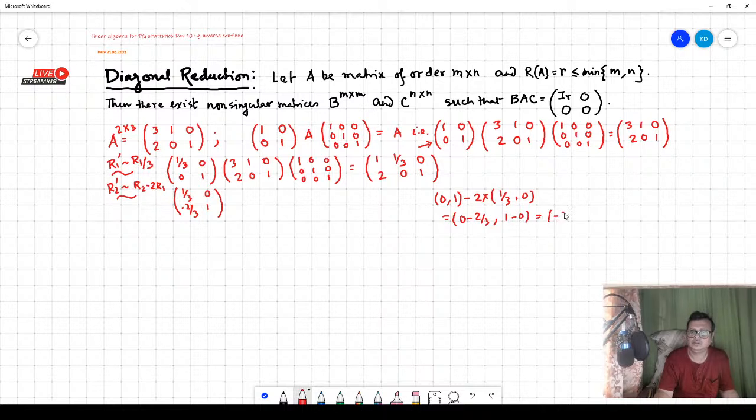So this is minus 2 by 3 0. After these elementary operations you get the second row as 0 minus 2 by 3 1. Okay, so this is the procedure.